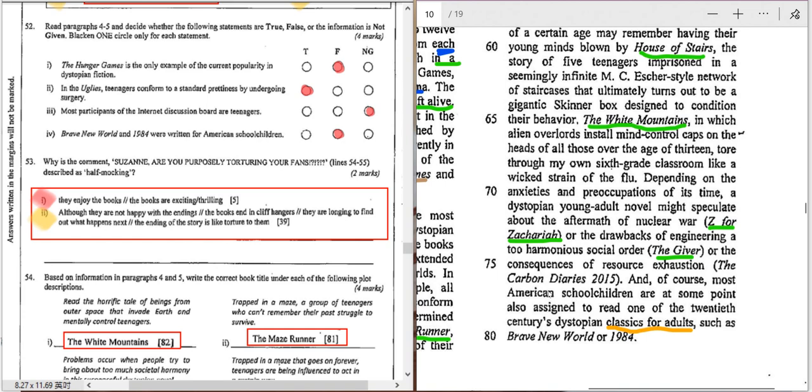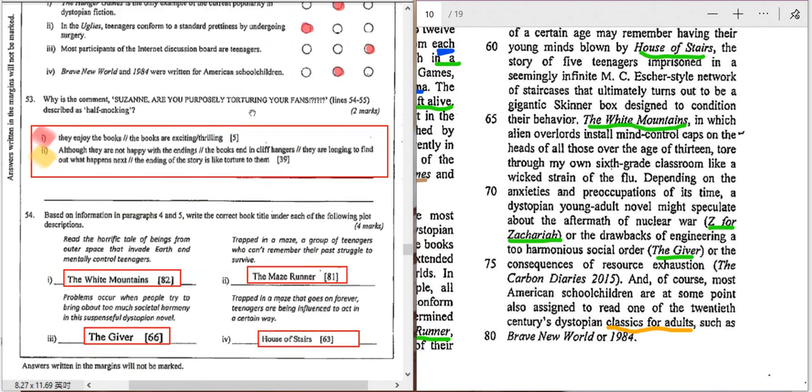So yes, most American school children are assigned to read them. They have to read them, but the books were written originally for adults. So the last statement here should be a false statement. Yeah, that's why it's not given. It is false. Alright.